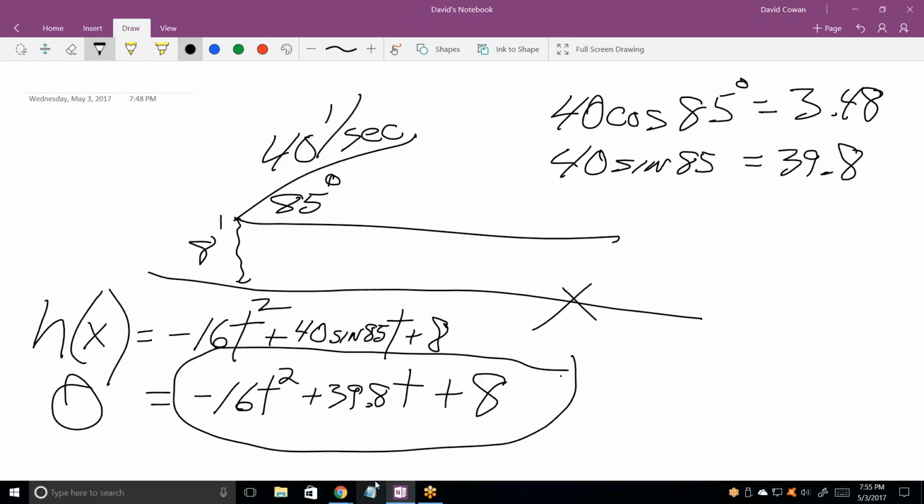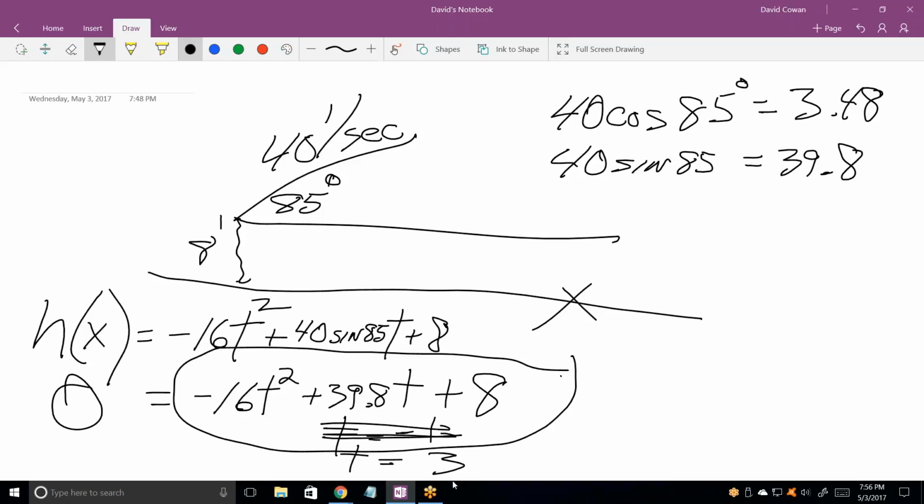Let's pretend we solved it and we got a t of -1 and another t of 3. Well, clearly the -1, you can't have negative times. So the t of 3 is, this rock hits the ground after 3 seconds.